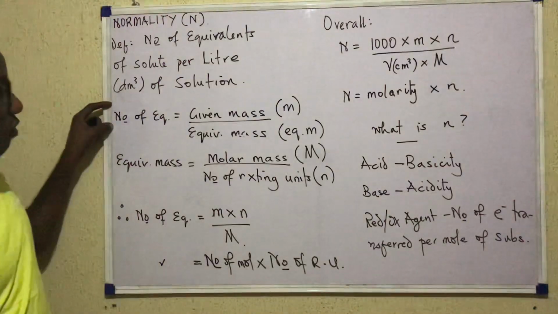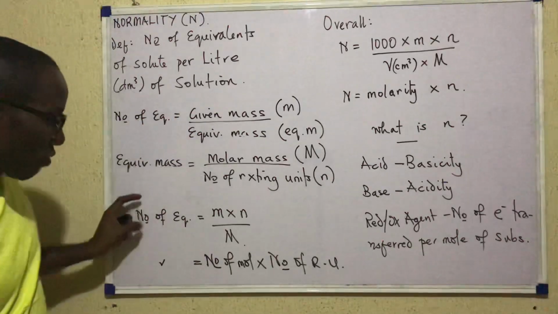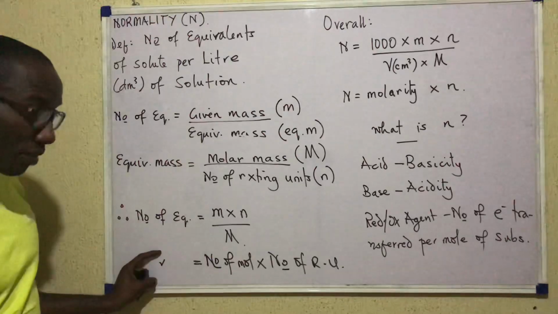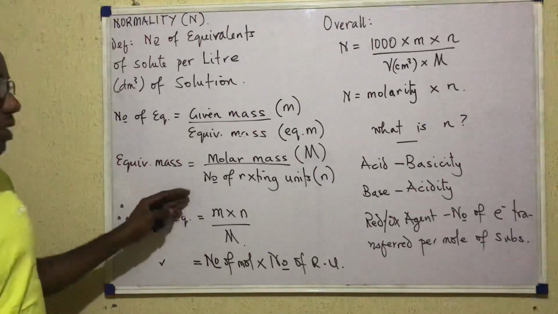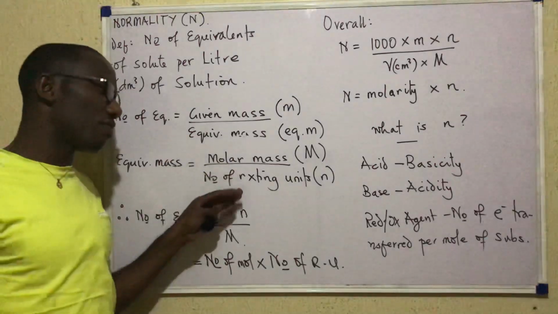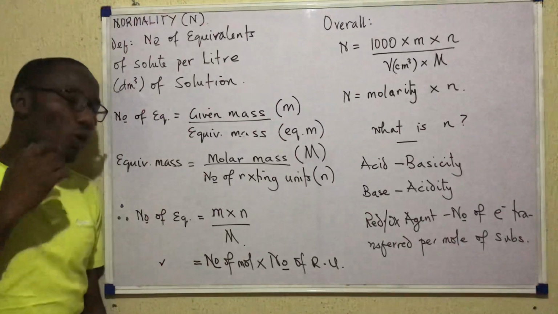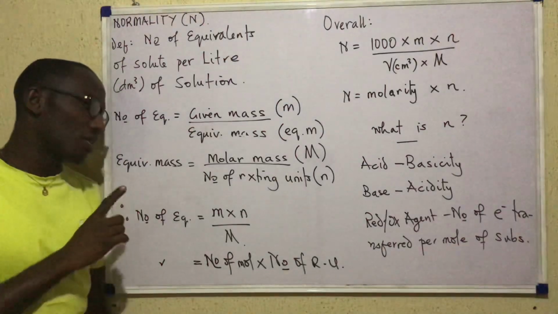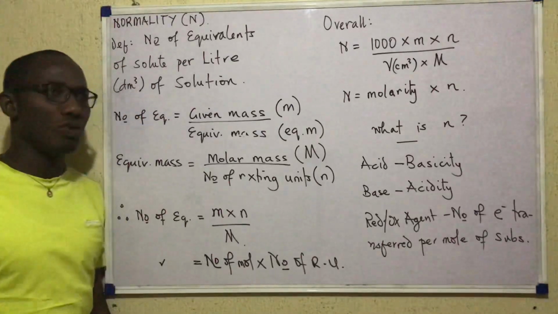So number of equivalents, here's our formula. And that same formula can be written like this or written like this, any of them. But for equivalent mass or equivalent weight, it is usually molar mass divided by number of reacting units. So what we're supposed to do next is give meaning to this term, number of reacting units.